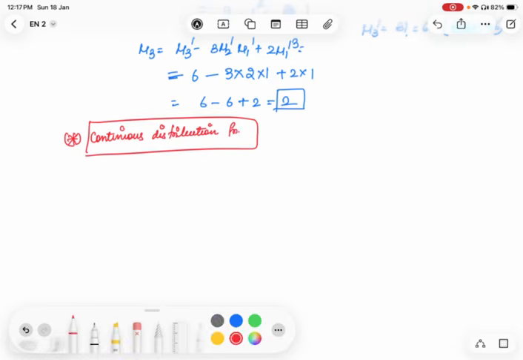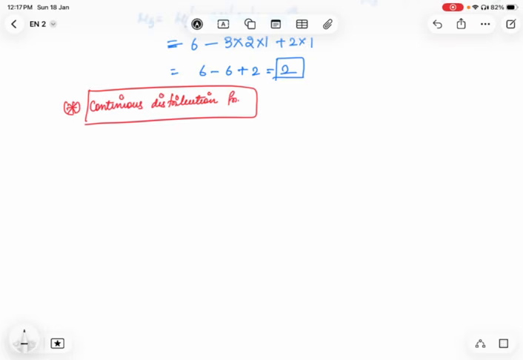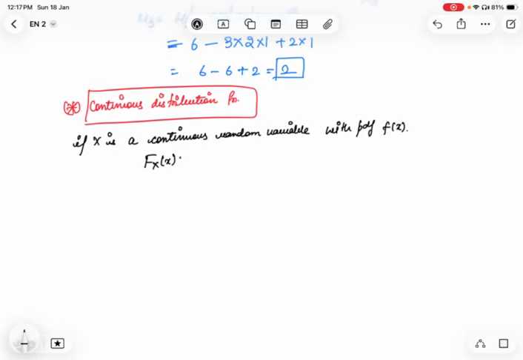So what is the continuous distribution function? It is defined as follows: suppose X is a continuous random variable with PDF f(x), then the CDF is defined as the probability of X less than or equal to x, which is the integral from minus infinity to x of f(t) dt.